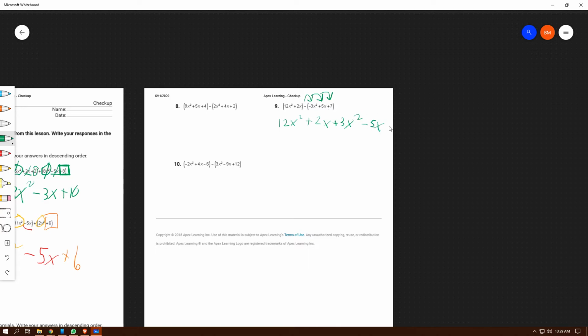Negative times positive 7 is going to be a negative 7. And I'm just going to combine my like terms here. So that's 15x squared. I have a 2x and a negative 5x, which is negative 3x. And then I just have a negative 7 at the end there. Done.